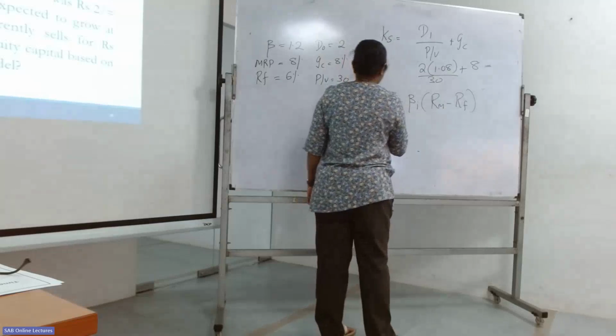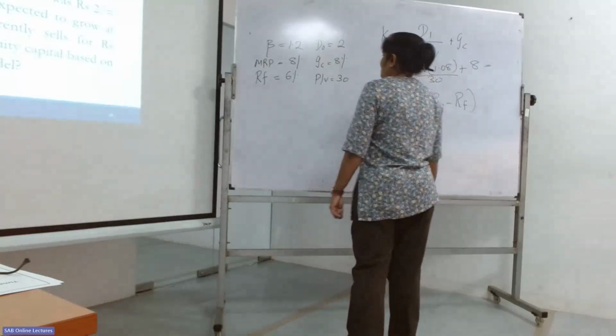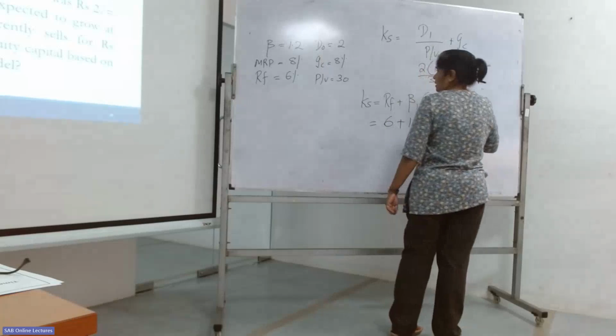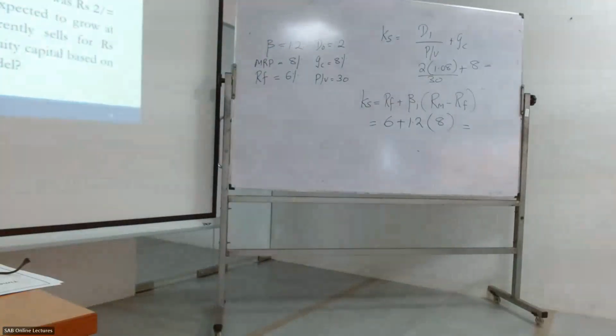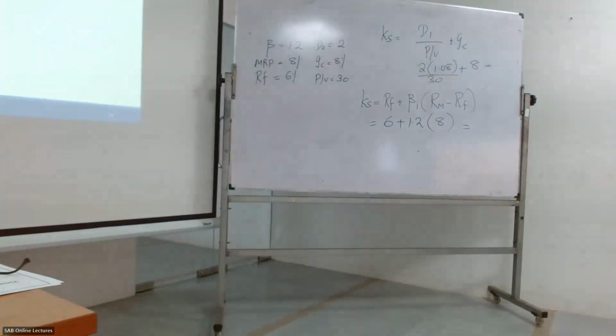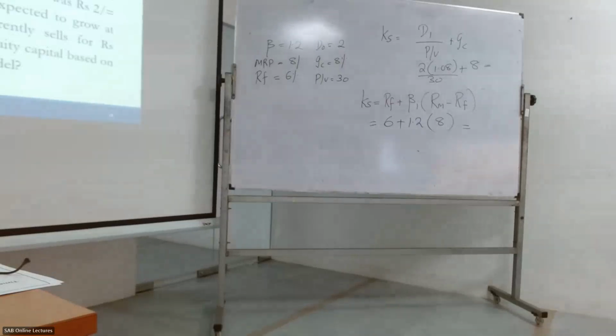Right, risk-free rate of return 6%, beta is 1.2, and you are provided here the market risk premium, so simply you can apply the market risk premium 8%. So calculate the answer. Any question?